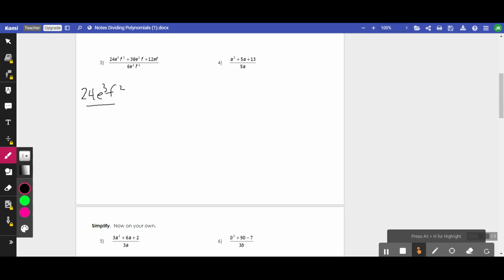So you'll divide your first one by the 6e squared f squared. And then you can divide your next one. And then you'll have your last term there.